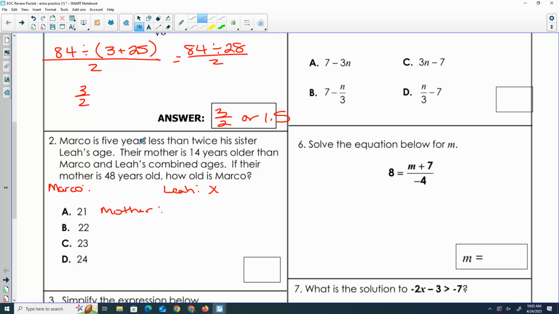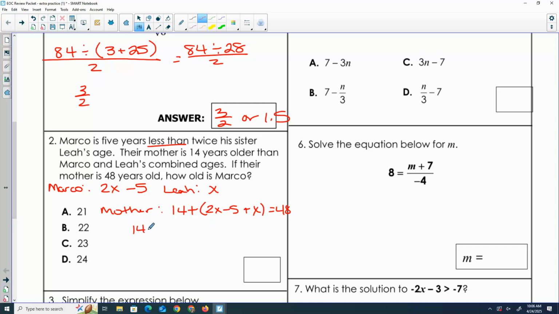If he is 5 less than, it's a turnaround, so it means minus 5. Twice his sister would be 2x. The mother is 14 older than, so that means plus, Marco and Leah's combined ages. So you're going to add together their ages. And she is, so is means equals 48.